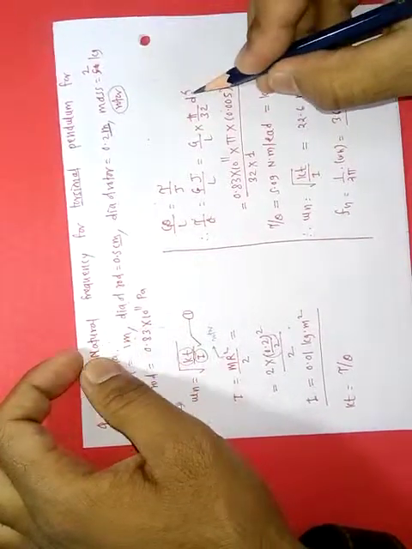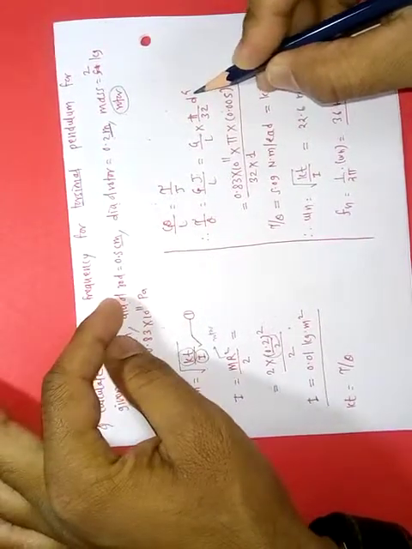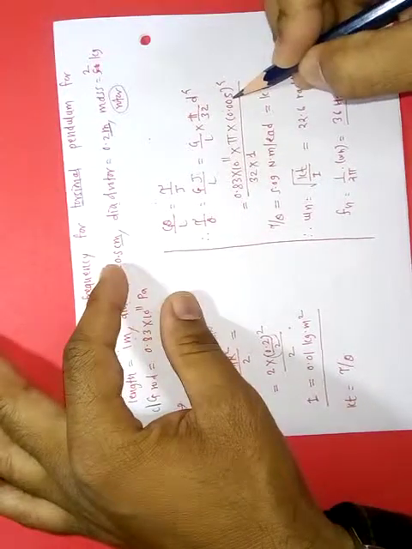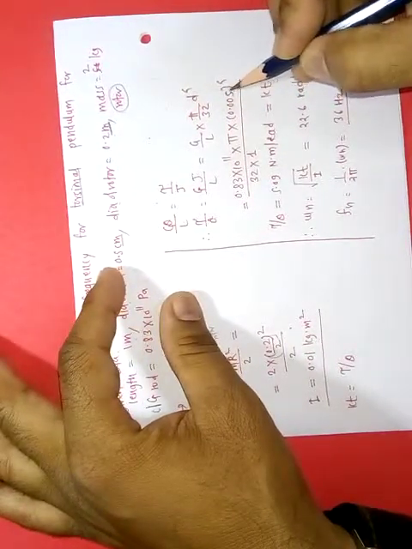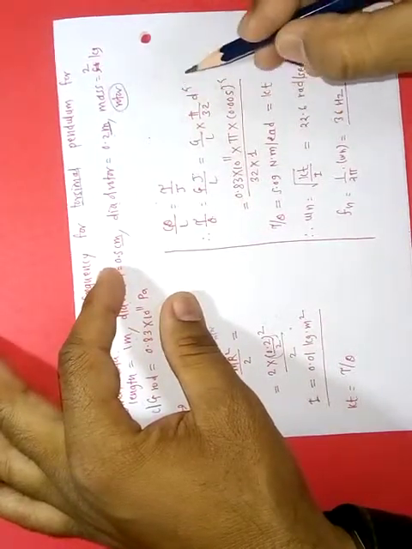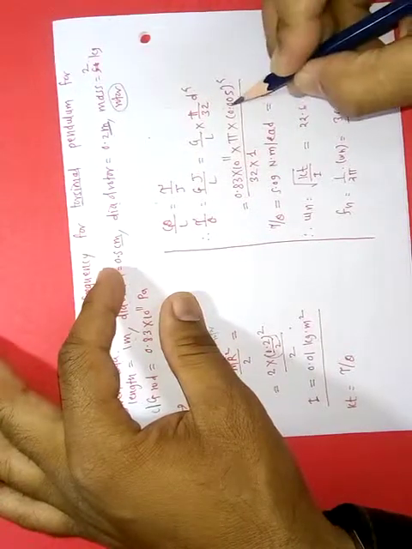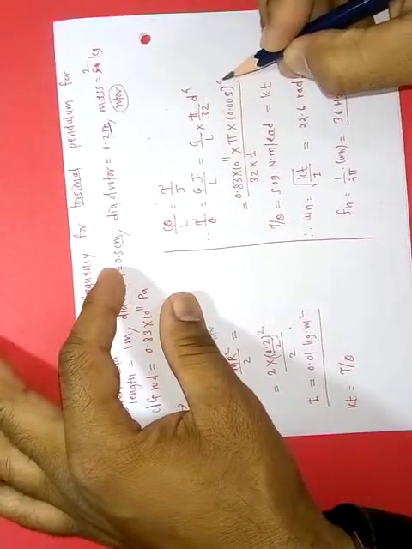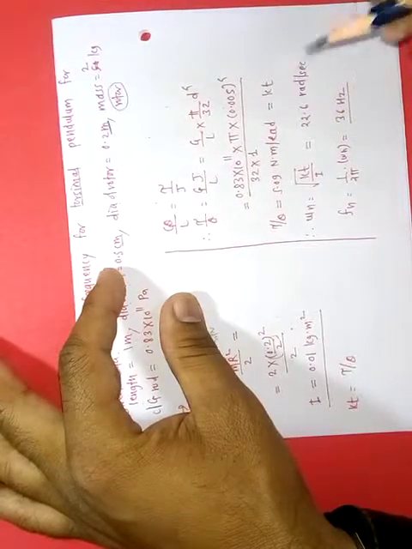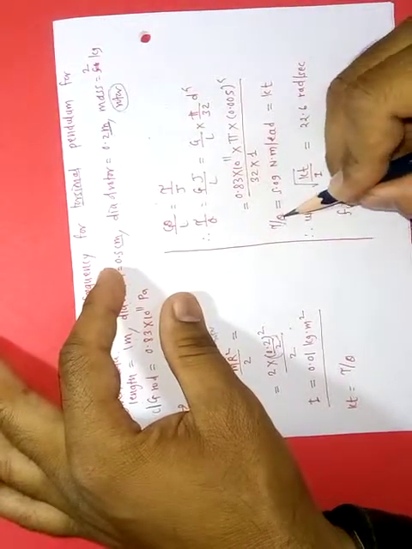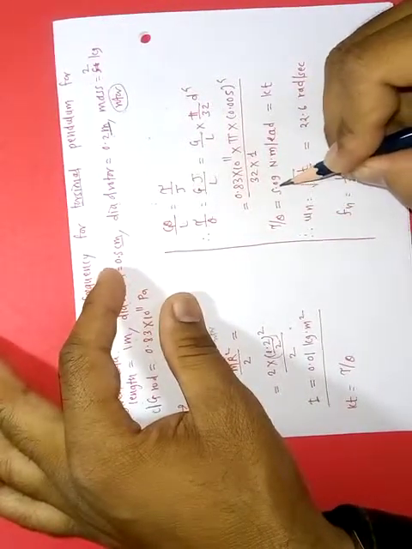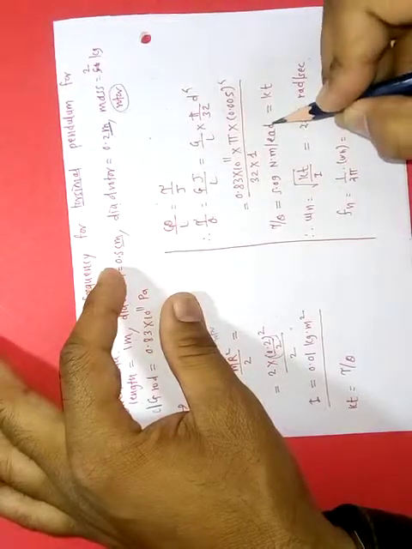Here d is the diameter of the rod, given in centimeter, so convert it into meter by multiplying by 10 raised to minus 2, we get 0.005 raised to 4. In solving this, we get torque per unit deformation equal to 0.59 Newton meter per radian.